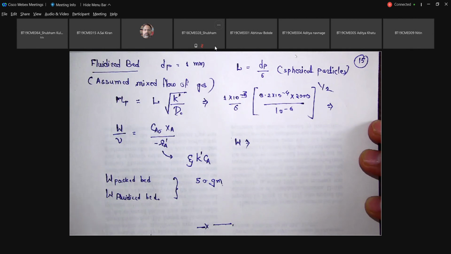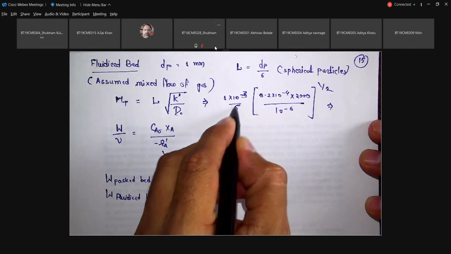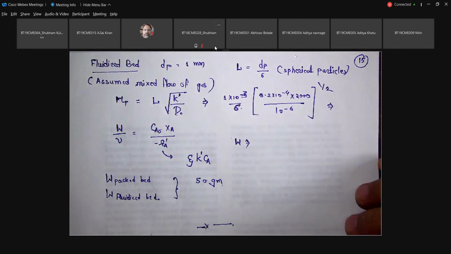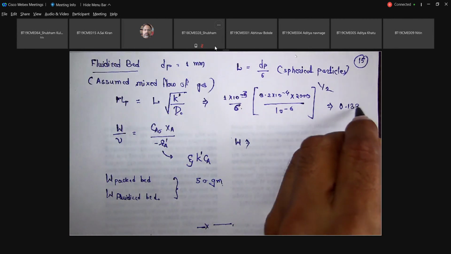For the fluidized bed, what is the value of epsilon? Epsilon is 0.133. Okay.